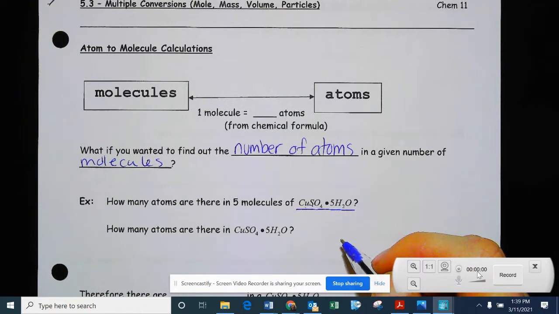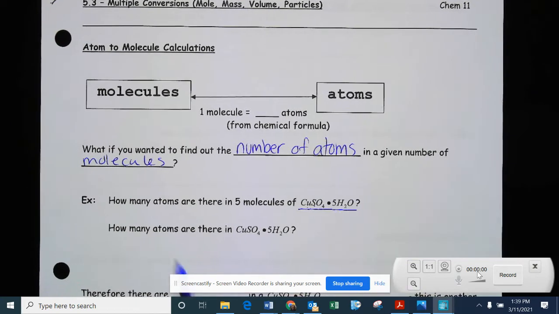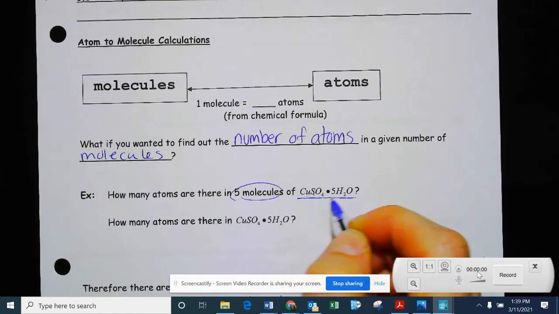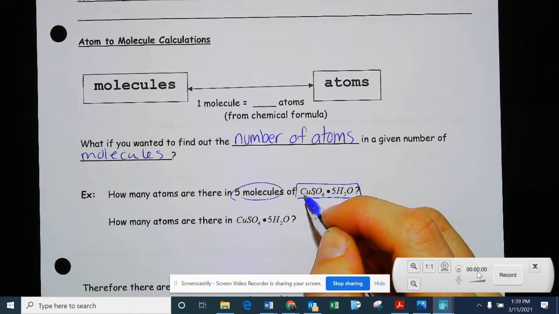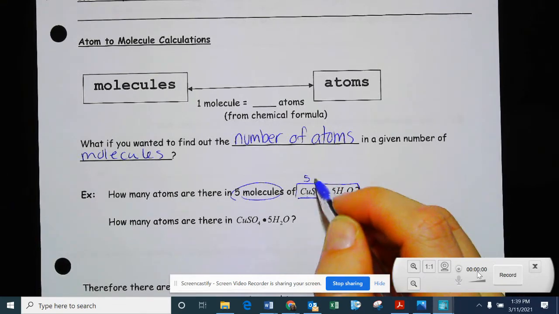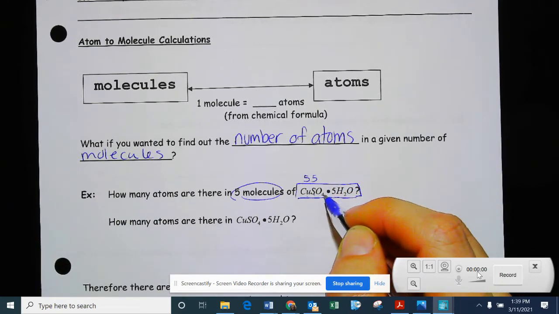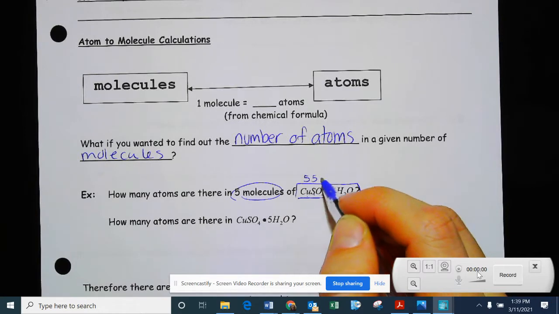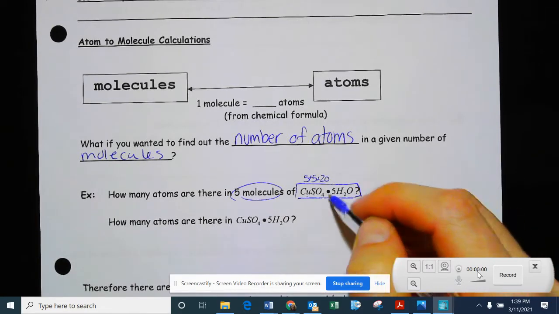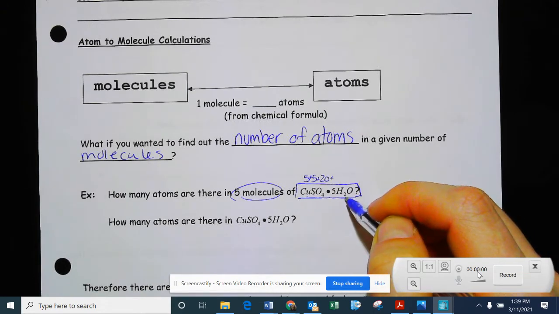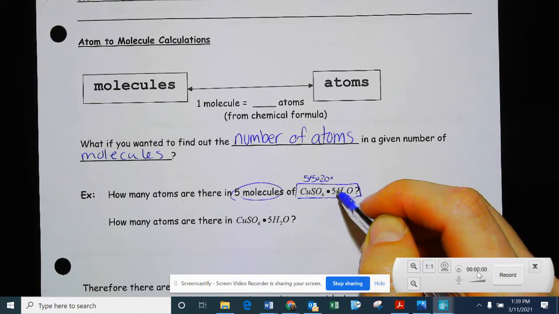Does that part make sense? So then what I'm asking is, how many atoms are there in 5 of that entire molecule? So if there's 5 of this whole thing, I'm going to have 5 coppers, 5 sulfurs. How many oxygens? 20 oxygens. I should add little plus signs in here so it just doesn't look like a huge number. Okay, how many hydrogens in 5? 50.